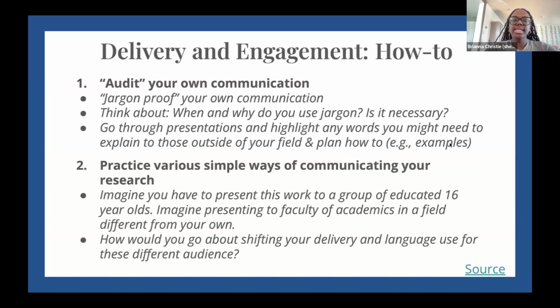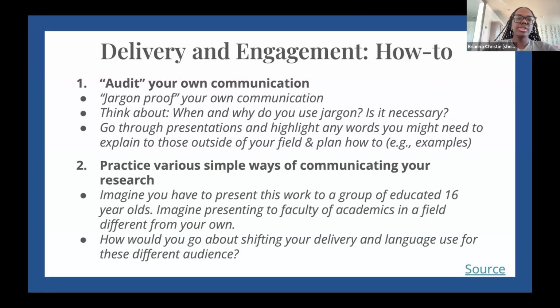And so to continue with delivery and engagement, some how-tos. The first one is to audit your own communication. This goes back to jargon. You want to jargon-proof your own communication. For example, think about when and why you use jargon and if it's necessary.